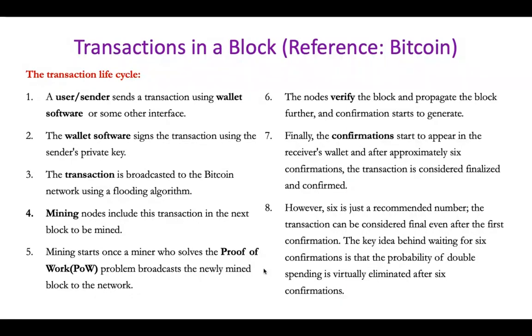We'll talk about this wallet software in detail later. Once the transaction is signed, it can be broadcast in the Bitcoin network so that whoever the miners are, they can get those transactions, combine all the collected transactions in one block and broadcast that block among the network. When every transaction confirmation comes from the nodes in the network, that block will be added to the blockchain. So that is what we observed.